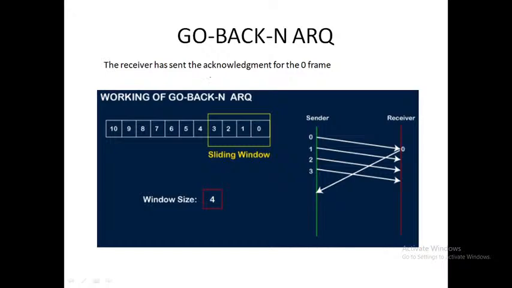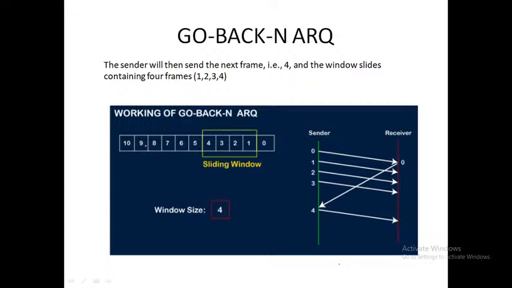So after sending the 4 frames, the acknowledgement of frame 0 will come, and the sender gets the acknowledgement of frame 0. After getting it, you can see here that the window slides to frames 1, 2, 3, 4.